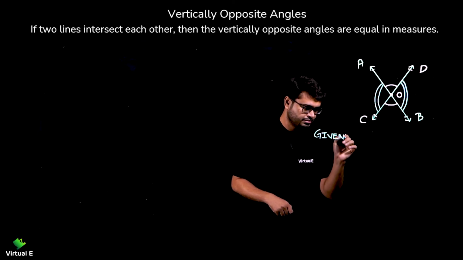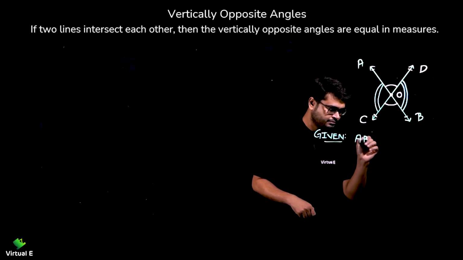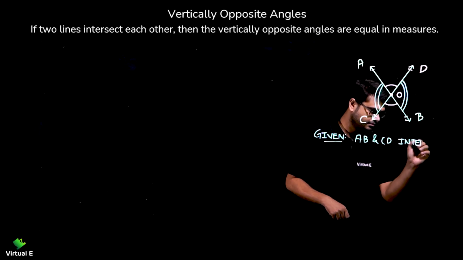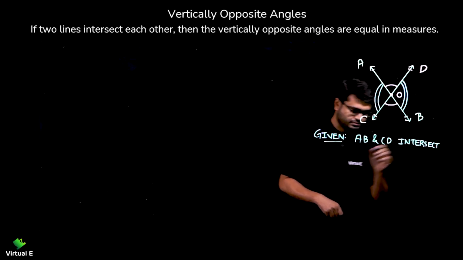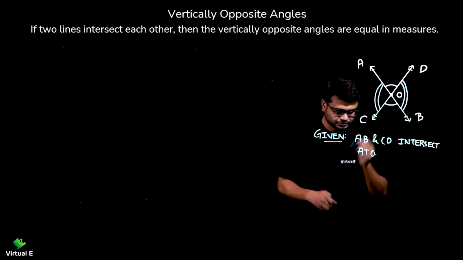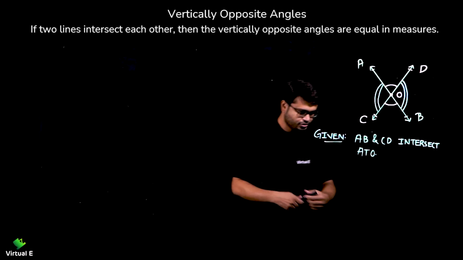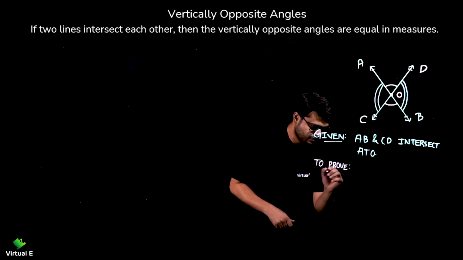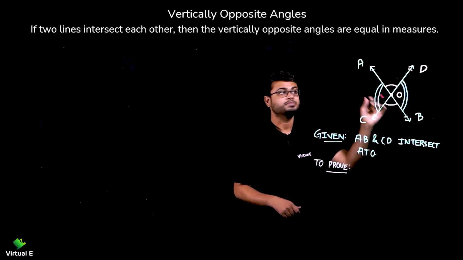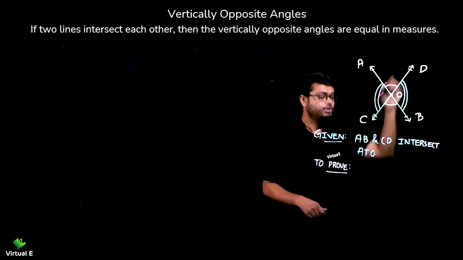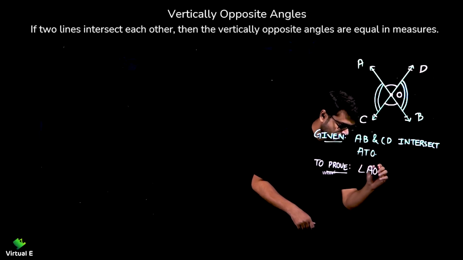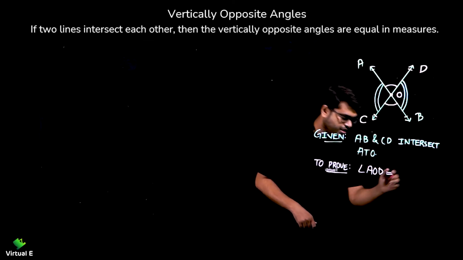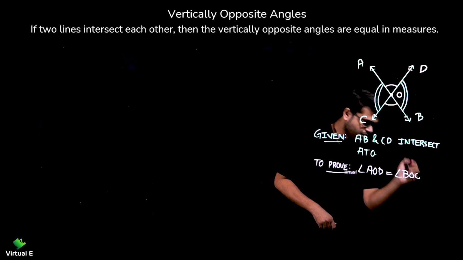So given, AB and CD intersect at O, and what we need to prove, let's write, to prove: we need to prove that these two angles, angle AOD, is equal to angle BOC.